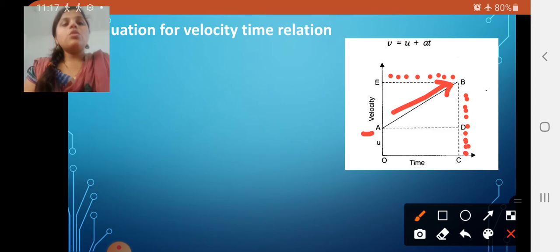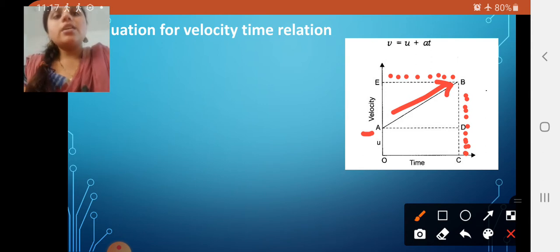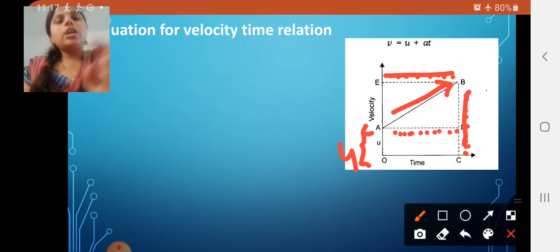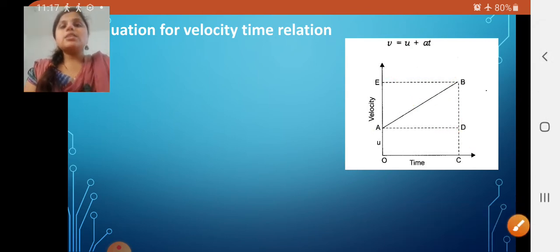A is the initial velocity, so it is represented as u. Now we have one imaginary line, and you have to draw another imaginary line from A to D.